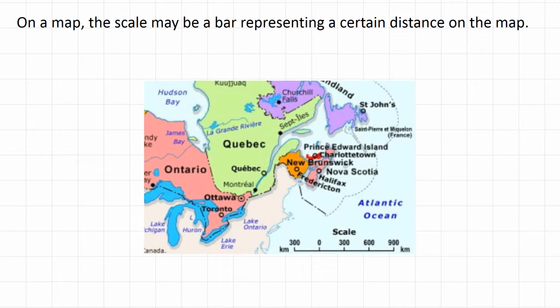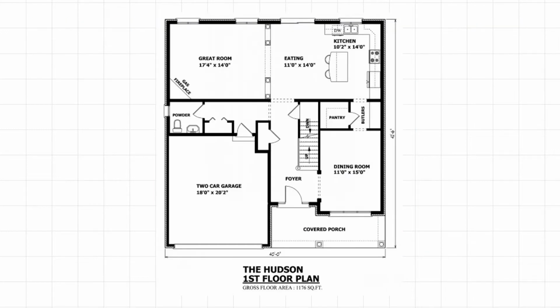On a map, the scale usually isn't as a ratio or a fraction. It's usually just given down in a corner somewhere as a bar that represents a certain distance. And on many scale diagrams, you won't see a scale at all. Instead, you'll just be given the real life measurements. So here's an example of a floor plan.